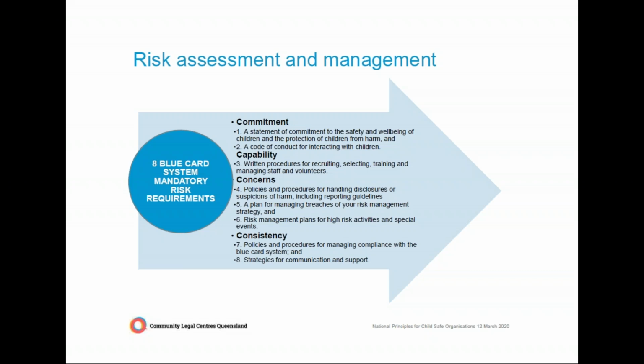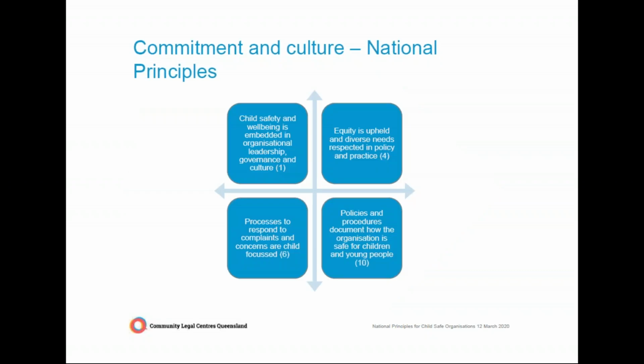Importantly, as I noted in terms of one of the training videos produced by the Queensland Blue Card Services, there's an indication that people who may wish to harm children are often drawn to organisational environments where there is a dysfunctional culture and an absence of effective risk management. A number of the national principles fall under the commitment and culture banner, and I've included them in the next slide.